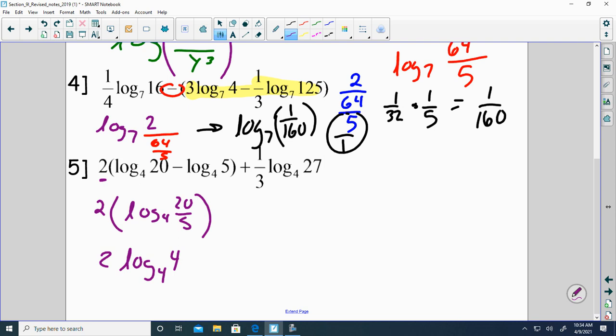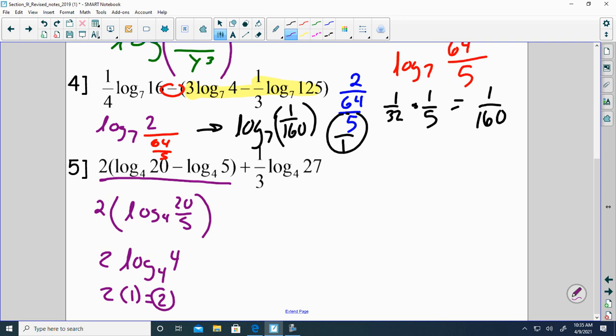Or could I keep it out front? It's up to you. But no matter what, that 2 is going to come down. So 2 times log base 4 of 4, that's going to be 2 times 1, which gives me 2. So this part here gives me an answer of just 2. Okay.